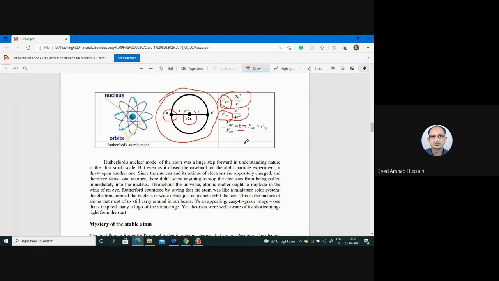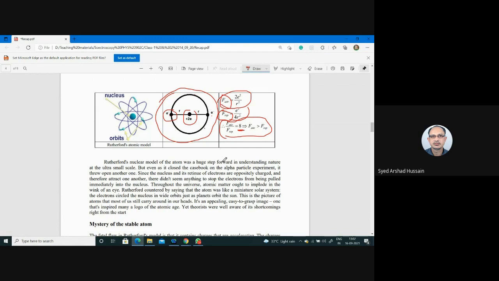So what we can conclude is that whatever Rutherford said is okay, and it can explain several issues. But if we think about the stability of the atom, then from this analysis the force of attraction between the electrons and nucleus dominates over the repulsion between the electrons.